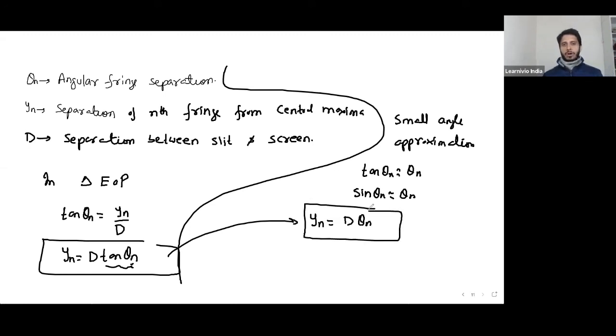If your angle is small, you can use this approximation: the linear separation is just D into theta.